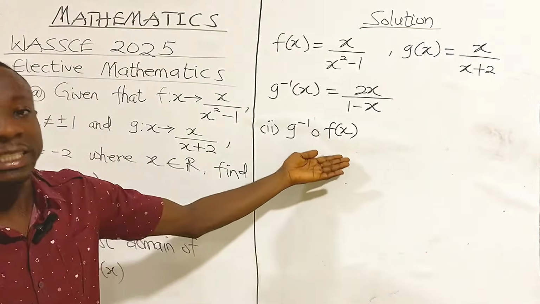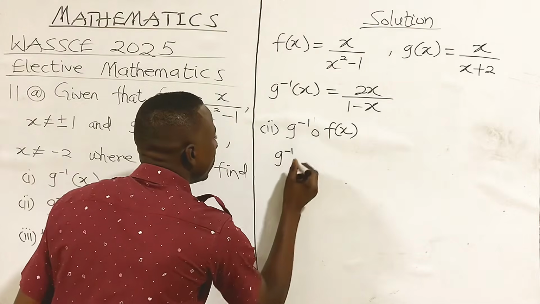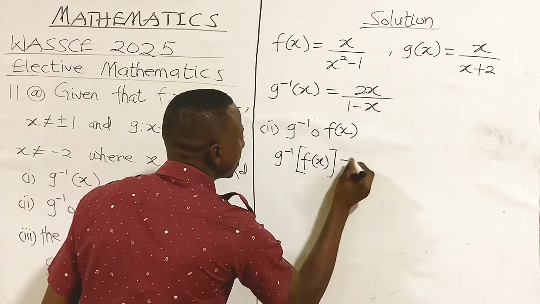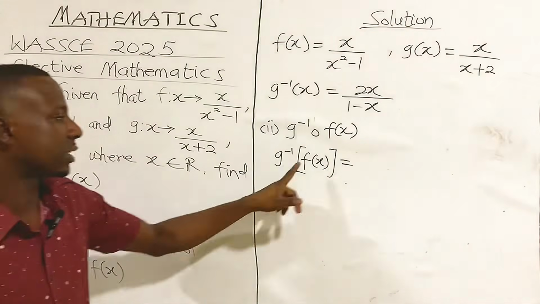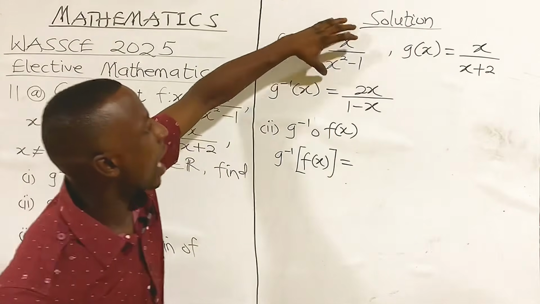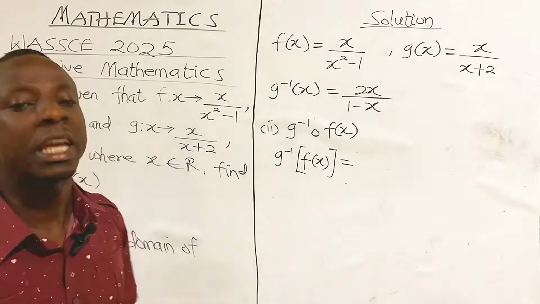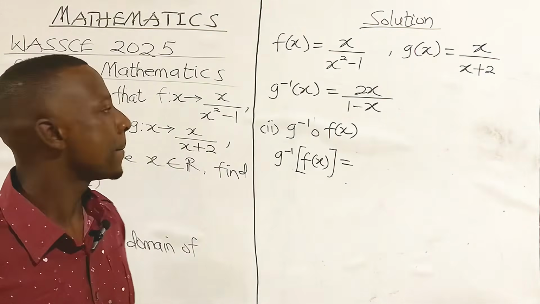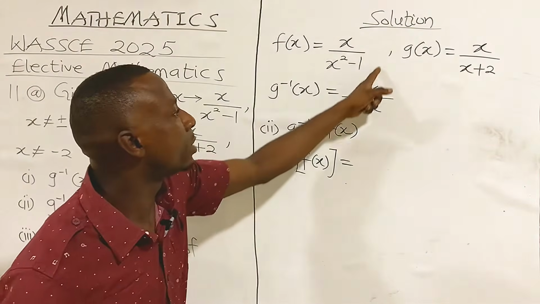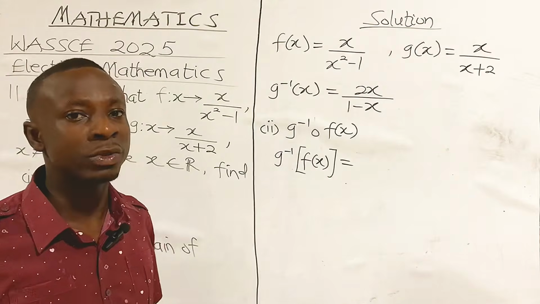Now over here, this can be rewritten as g inverse in a big bracket f of x, like this. This means that we are going to substitute f of x into the inverse of g. So anywhere you see x in the inverse of g, we are going to put this whole fraction here. That's basically how we are going to deal with it.